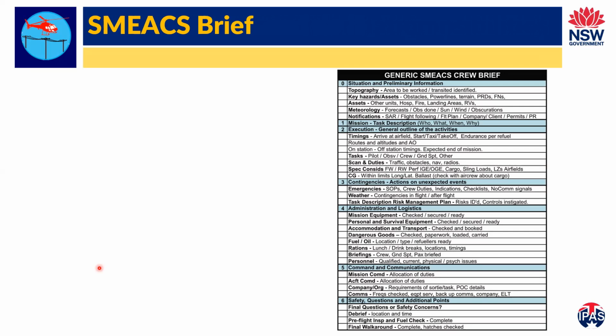It should cover every single item they need to know for that operation, for that mission. It can also be used as a planning tool. When you're looking for where fuel is going to be, where our accommodation is going to be, it's a checklist as well. So it's both a planning tool and a briefing tool.